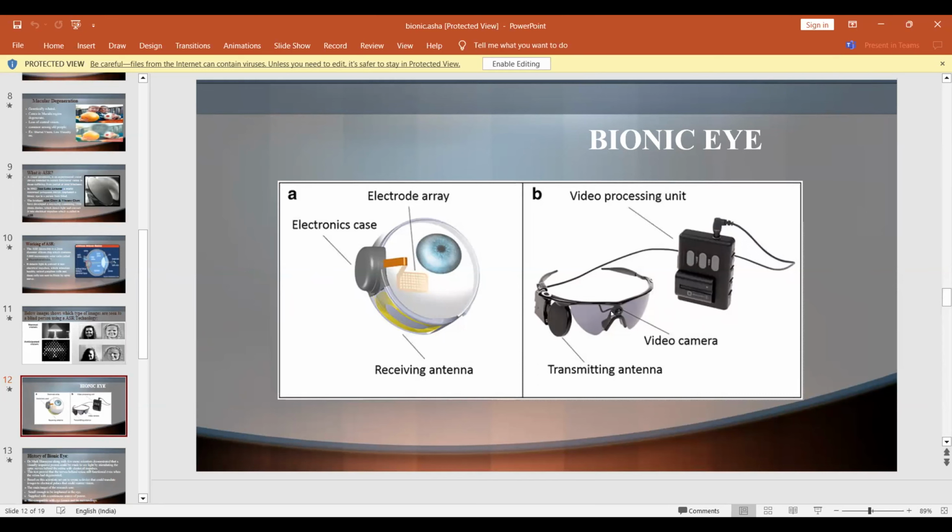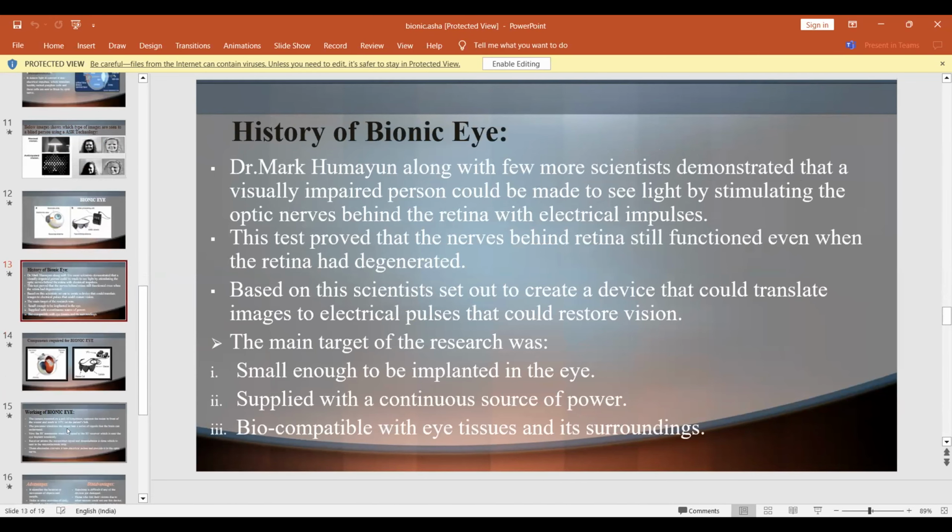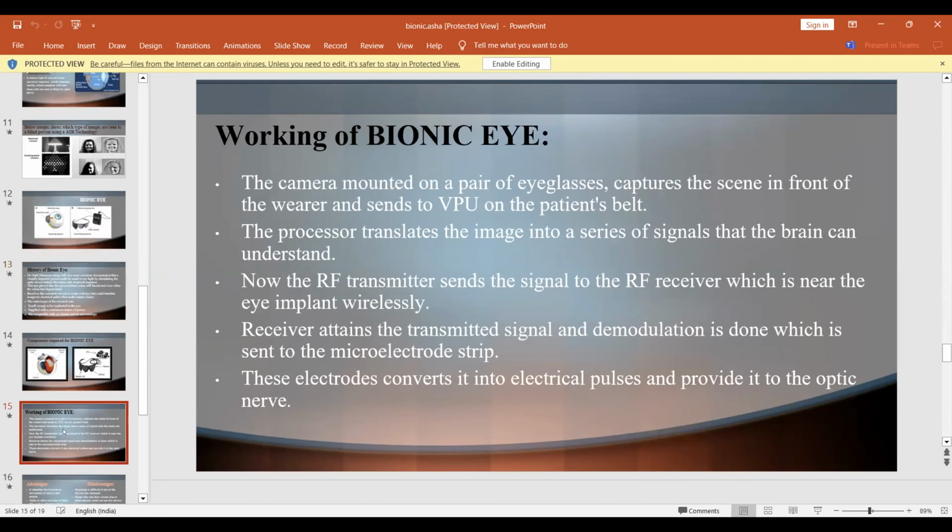It captures the videos and photos of our surroundings, and these photos and images are transferred to the VPU, which is the video processing unit. This is the working of the bionic eye.